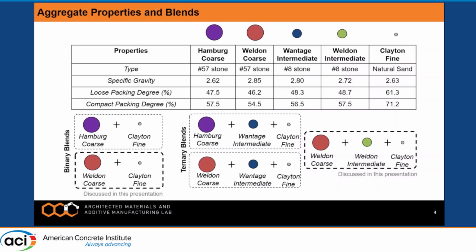We have done multiple experiments on different binary blends that contain coarse and fine aggregate, Hamburg and Clayton, Weldon and Clayton, and we have done 3 ternary blends with Hamburg, Vantage, Clayton; Weldon, Vantage, Clayton; and Weldon, Weldon, Clayton. For the sake of brevity, I will be just discussing one case of binary blend that contains Weldon and Clayton, and one case of ternary with Weldon, Weldon, and Clayton.